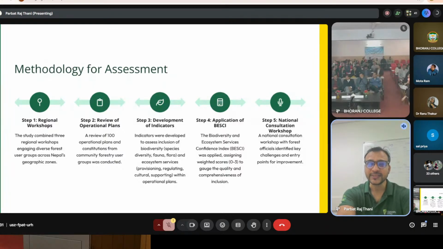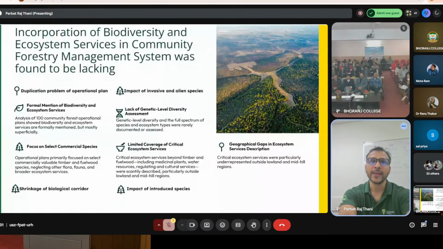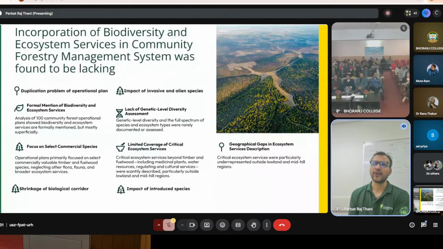After doing all these things, it took around 2 years for us to identify this status and gap. And what we understood from that study was that there were still lots of problems regarding community forest management.